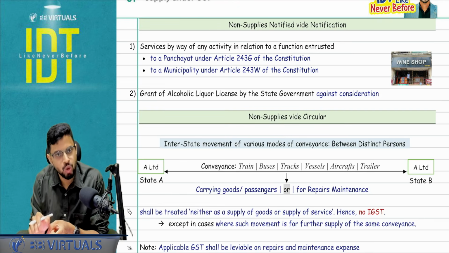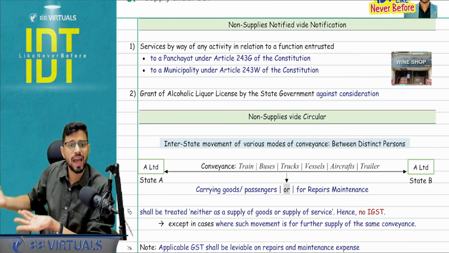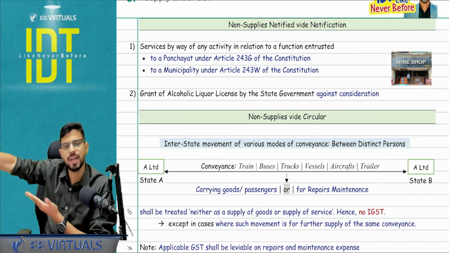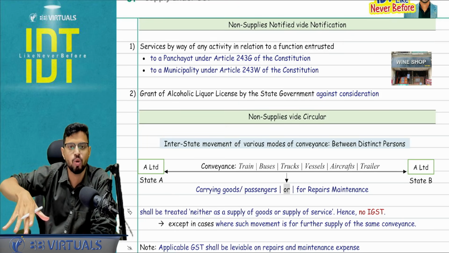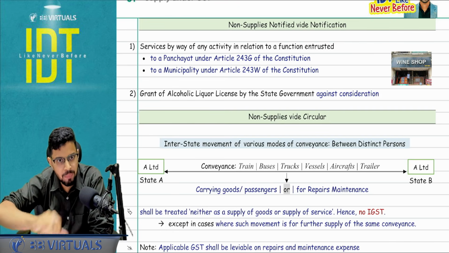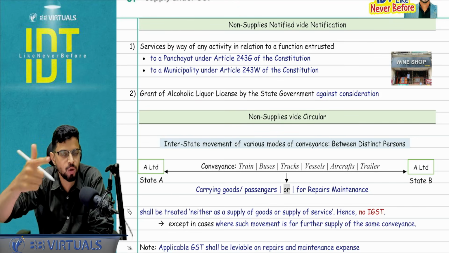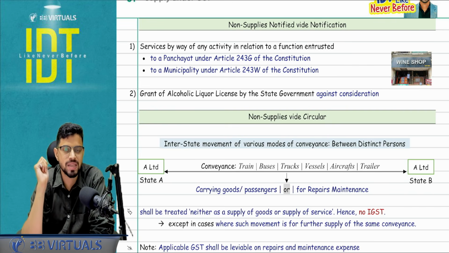And with respect to those functions, if any activity is carried on, for example, I may be carrying out the activity for the help of my local panchayat or my local municipality in Pune, entirely it is outside the scope of GST. It is non-supply. We want to keep the cost low, because these local authorities are going to charge the people only of that state, that particular area. You have to pay water tax, you have to pay property tax for the local authority to function on day-to-day basis.